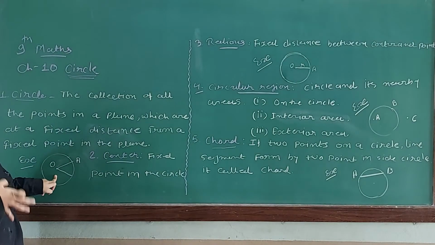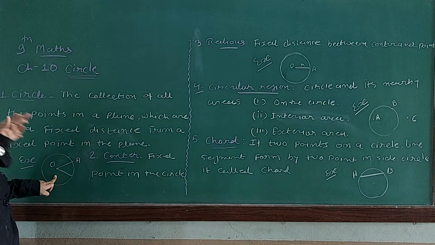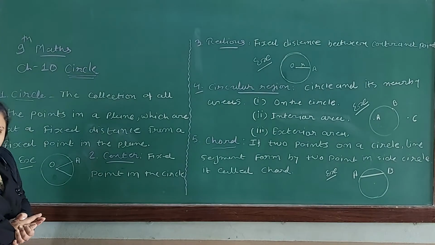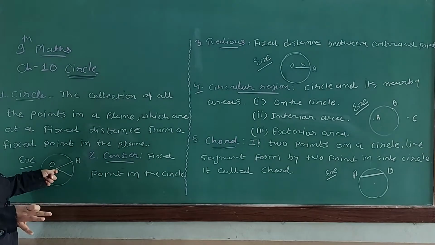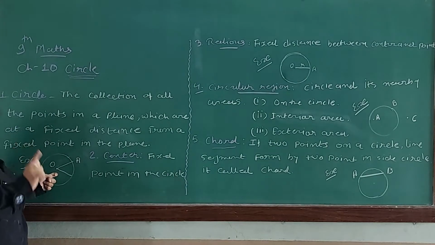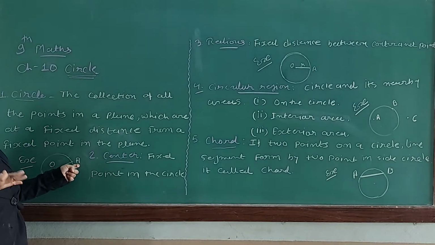In short, the collection of points at a fixed distance from a particular point is known as a circle. For example, fixed point O and fixed point A form a circle, right?